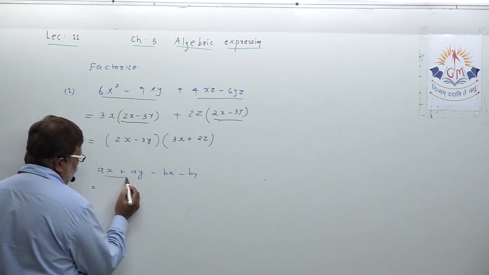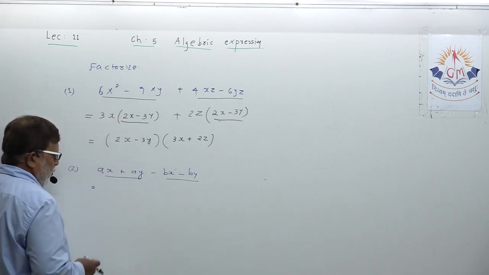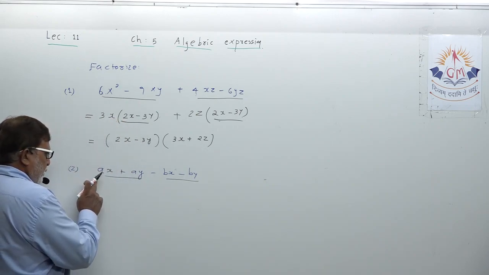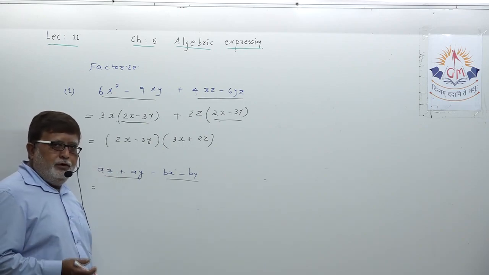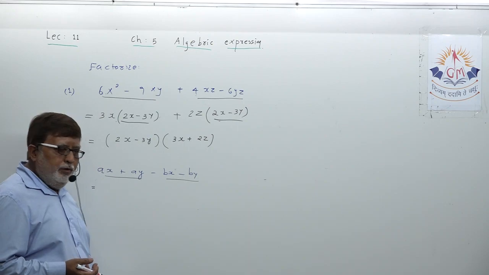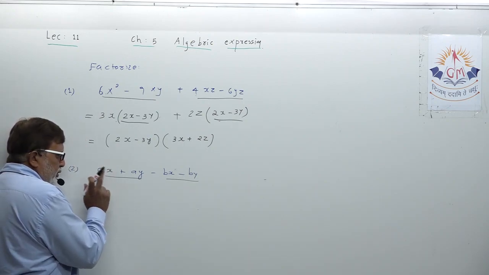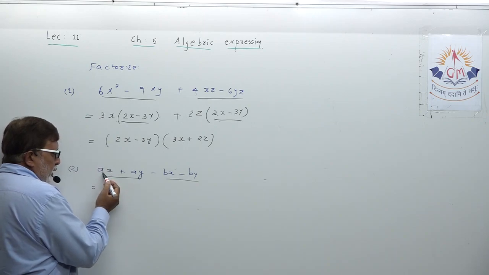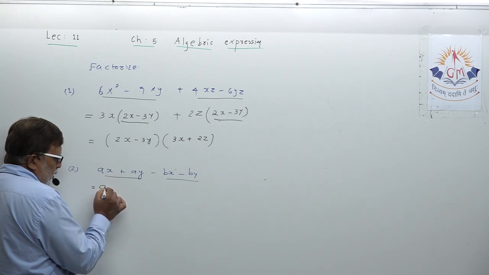I will take out common from pair of two terms each. Here there are no numbers, so nothing to worry about number. When you think about the variable, please be conscious. X, Y are not common, so A is common. Is it clear in your mind?